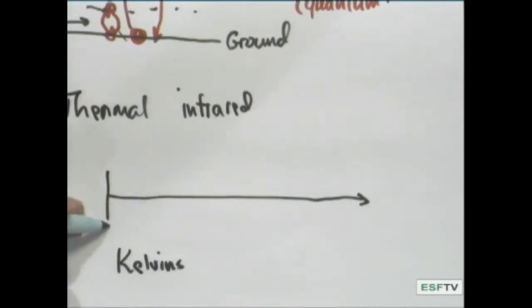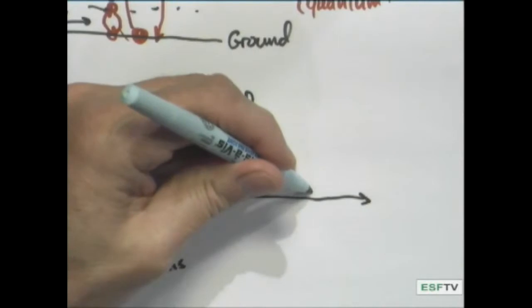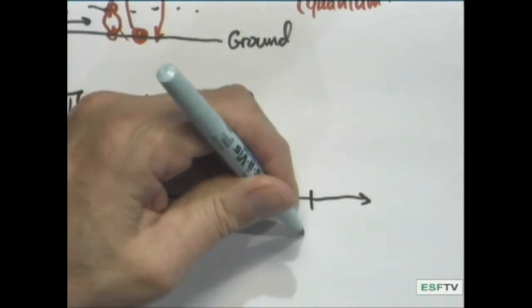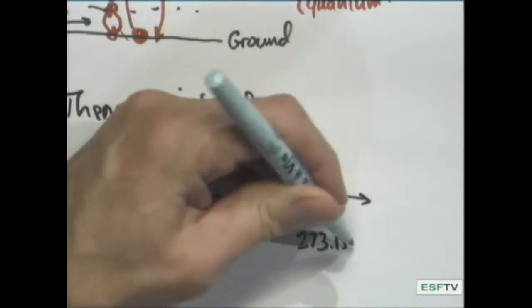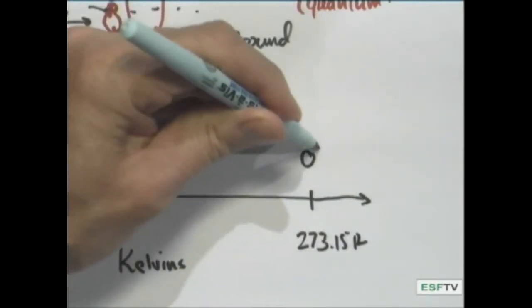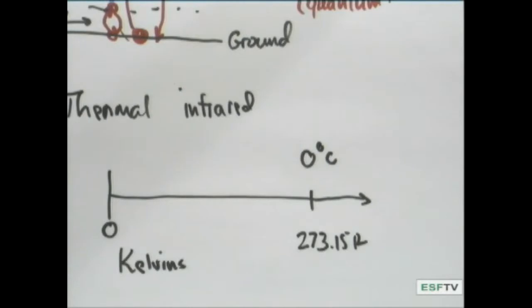The Kelvin scale of temperature starts at 0. This 0 is absolute temperature, and of course it goes up as the temperature of something increases. When you get up to a temperature of about 273.15 kelvins, that translates to a temperature of 0 degrees Celsius.